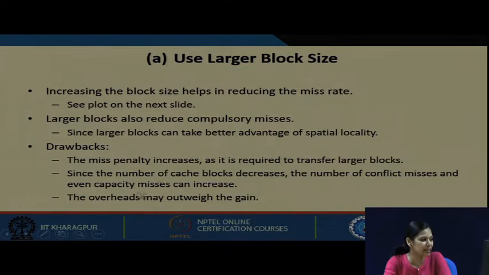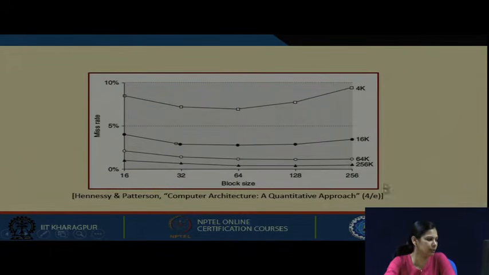So it can be seen that if you have a larger block size, the overhead that we are getting might outweigh the gain. The gain which we were expecting we might not get, and the overhead becomes much more. Let us see this particular diagram showing the miss rate, the block size and the cache size.